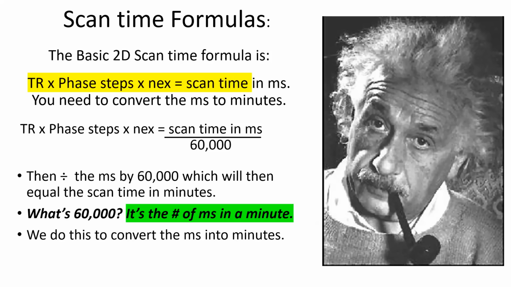Easy math. That big number in milliseconds, you need to convert to minutes and seconds. So then you're going to divide those milliseconds by 60,000. 60,000 is the number of milliseconds in 1 minute.